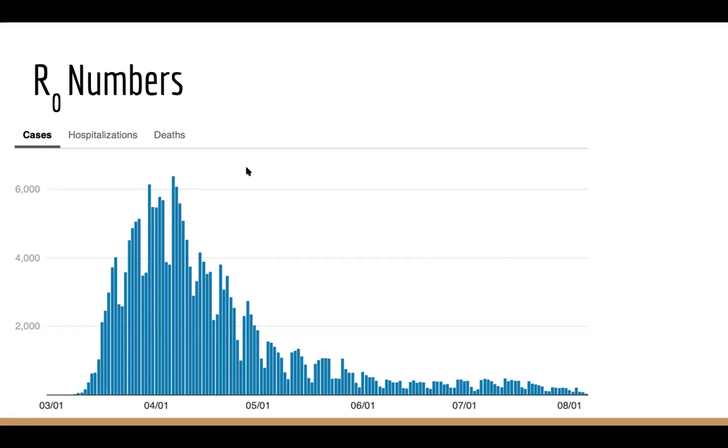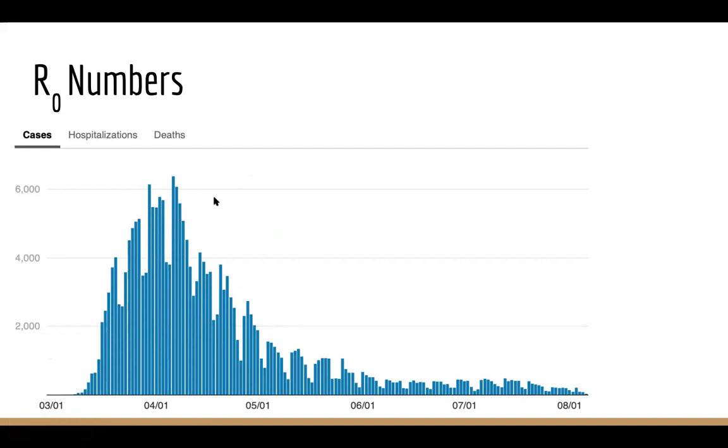This is a graph of cases in New York State, I believe, or New York City. Excuse me for not knowing. However, you can see that at the beginning to middle of March, the cases were increasing very, very quickly. And at this point, the R-naught value is much greater than 1 because we see very high transmission in the community.